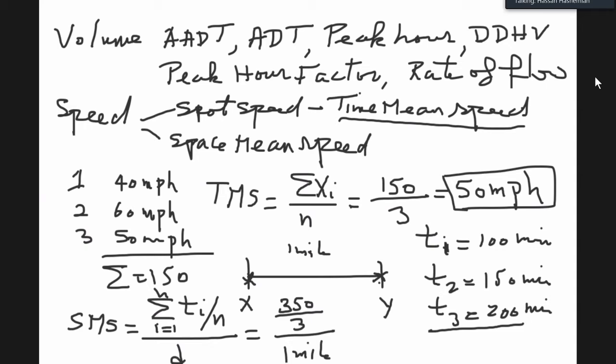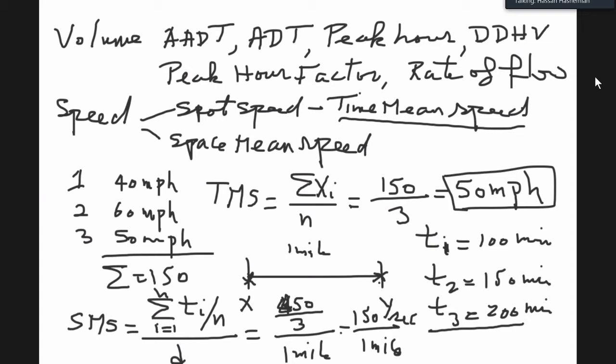So this gives you a number of seconds per mile. Isn't it 450, Professor? Pardon? 450. 450 divided by 3 is 150 over 1 mile. And this is seconds over 1 mile. Okay, so that means on the average, they're going 150 seconds per mile.